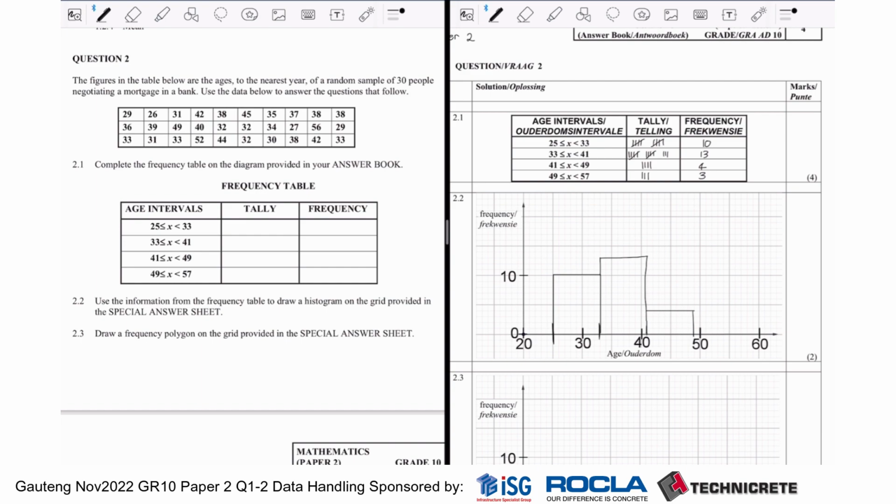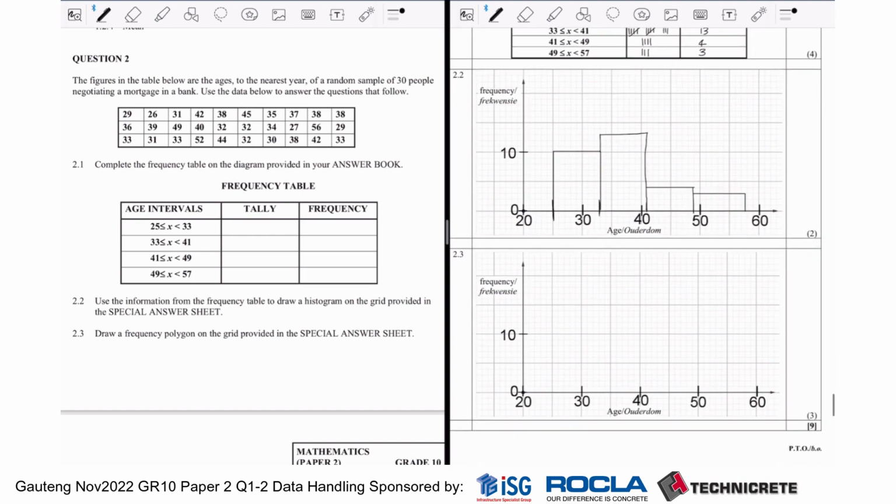And then for the last class, the 49s up to 57, which is there, I had 3 of them. Okay, and that's my histogram.